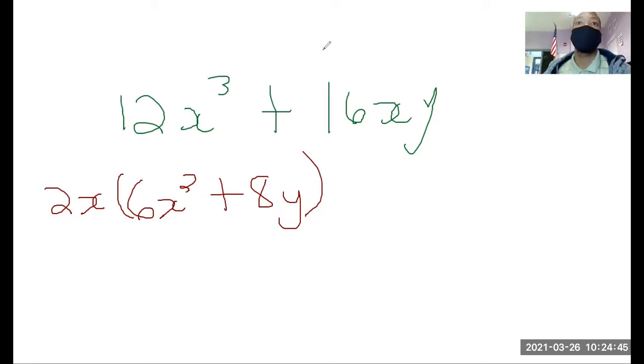This right here, 2x, is a factor, but it's not necessarily the greatest common factor. 2x is a factor of it, but not the greatest factor. What would be the greatest common factor for this? Greatest meaning something higher than 2.